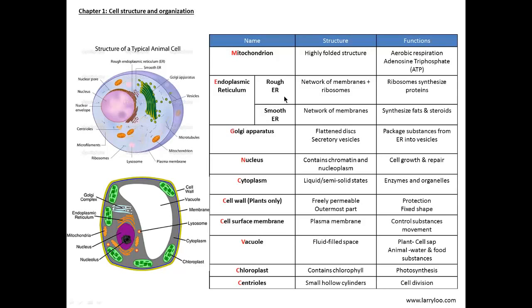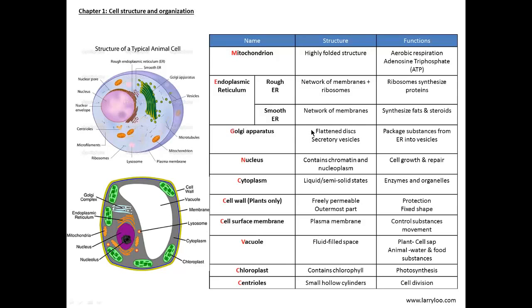The rough ER, as the name implies, is a network of membranes which are studded with ribosomes. And these ribosomes essentially synthesize proteins, which are the major workhorses and serve as building materials for the living cell. Smooth ER, as its name also implies, is simply a network of membranes without the ribosomes. Its main function is to synthesize fats and steroids.